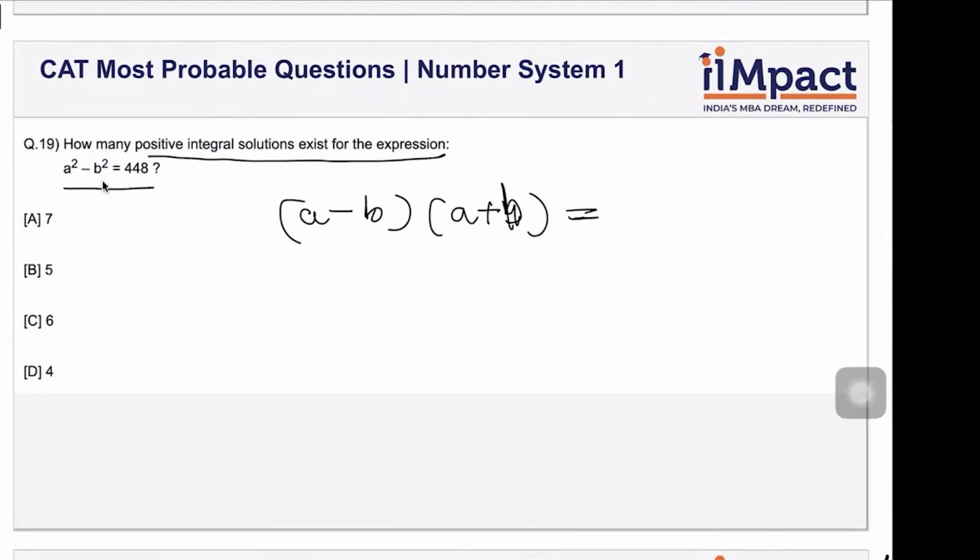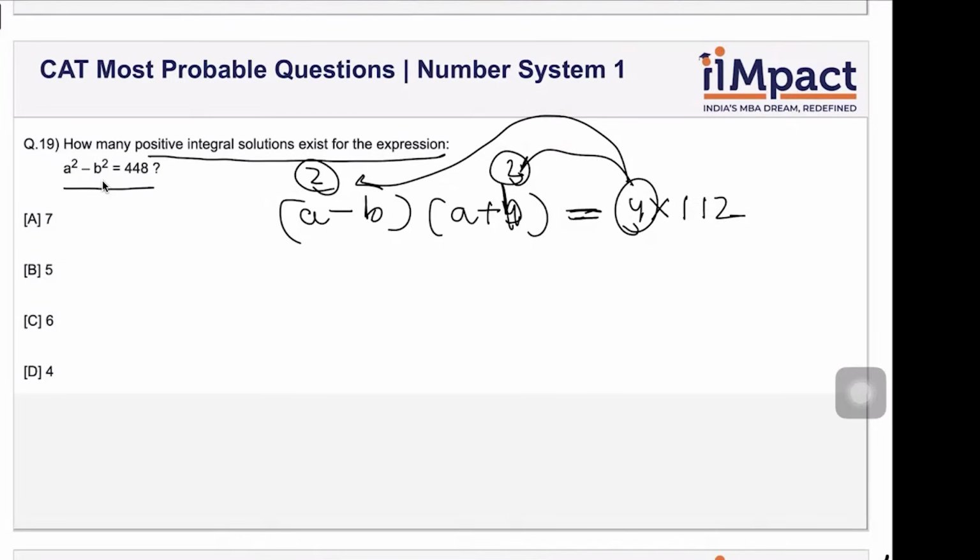So 448, I will write this as 4 into 112. So this 4 will get distributed equally, 2 to this and 2 to this. There's no argument there. So I can further reduce my question to x minus y into x plus y is equal to 112. And I will have no constraints here. I don't care which one is even, which one is odd.